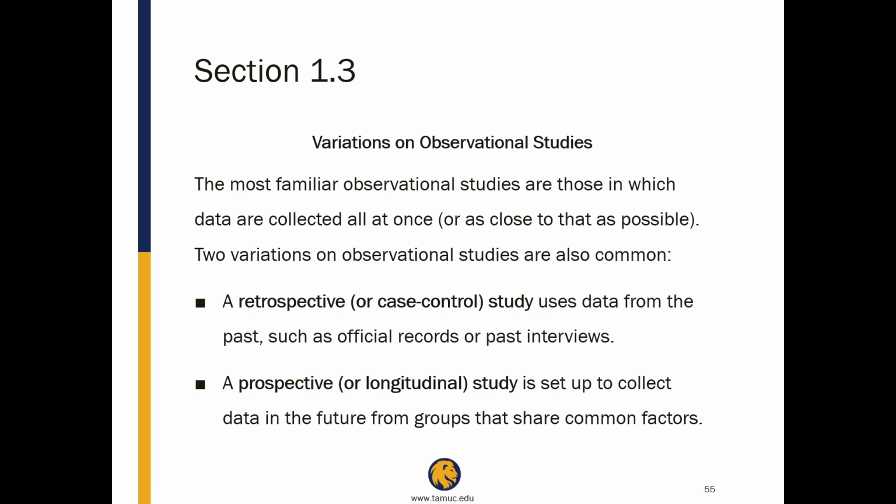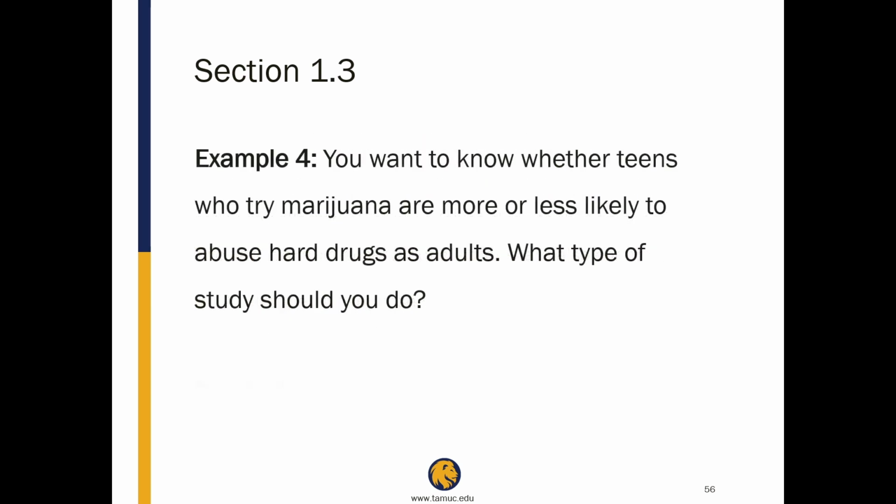Let's talk about which one we should choose in certain cases. Looking at this example here, it says you want to know whether teens who try marijuana are more or less likely to abuse hard drugs as adults. What type of study would be appropriate here? Well, we've got a few different options.